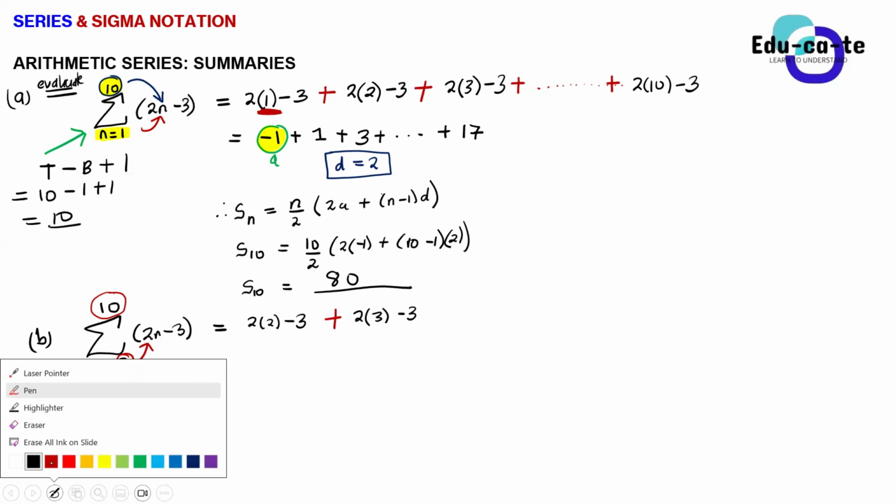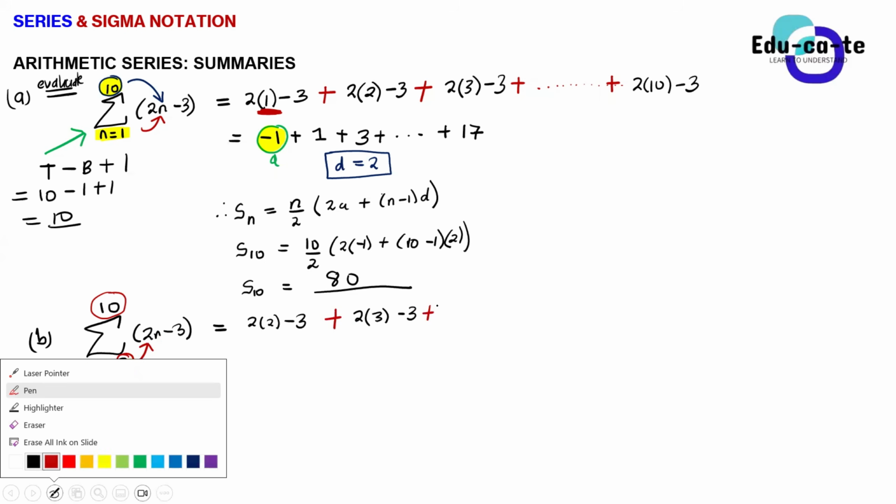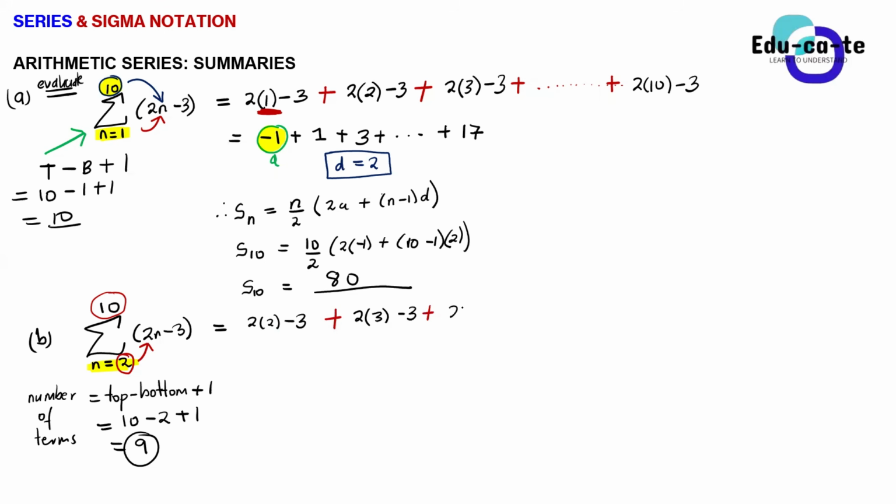And then you continue doing the same thing. For the third term here, I'm going to substitute n is equal to what? 4. You keep on increasing the position by 1 until you get the last term, if you want to do it, but you don't really need to. For the last term, you substitute position 10: 2 times 10 minus 3.